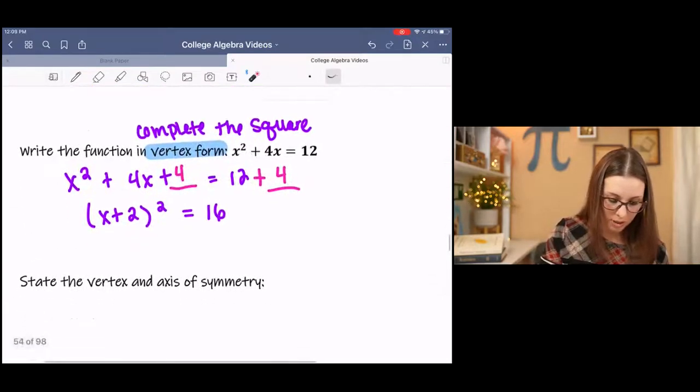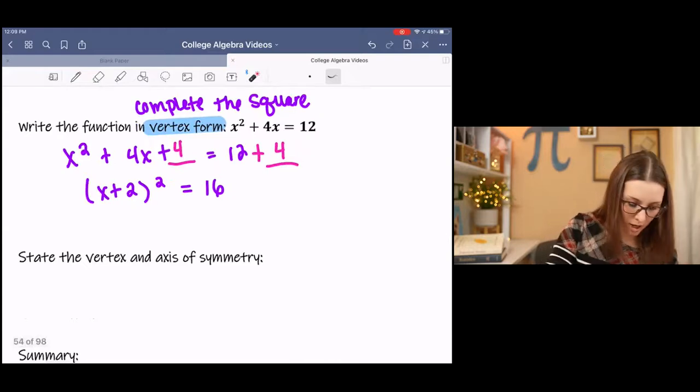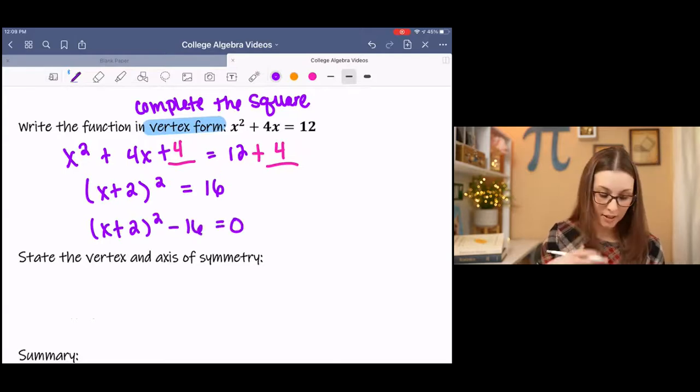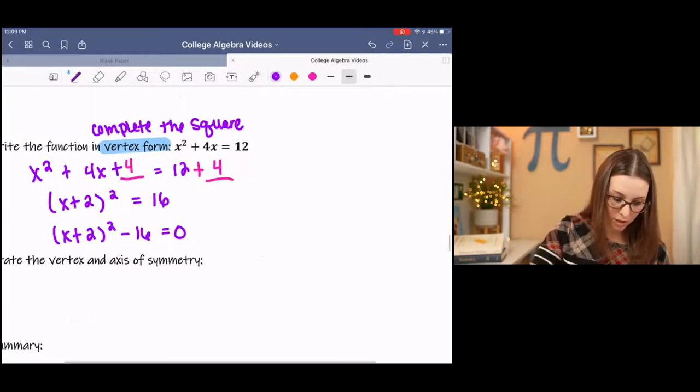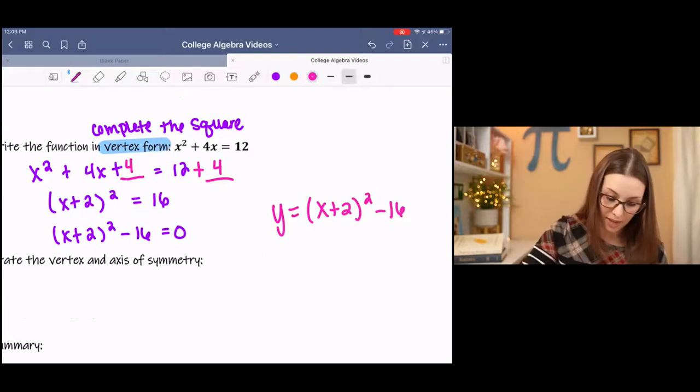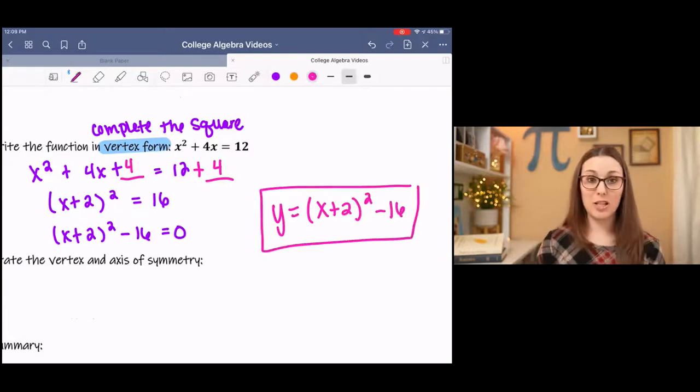So now instead of square rooting both sides, I'm going to move 16 over. And instead of equal to 0, I'm going to have y equals x plus 2 squared minus 16. And that is vertex form.